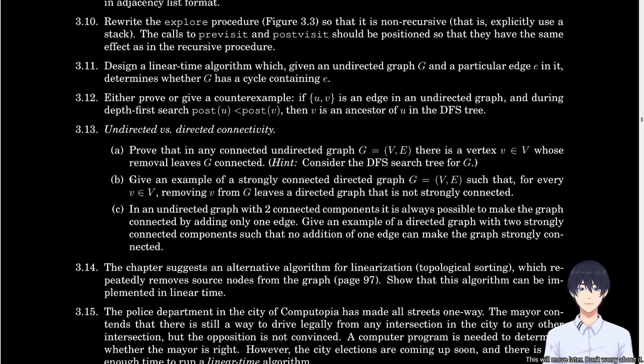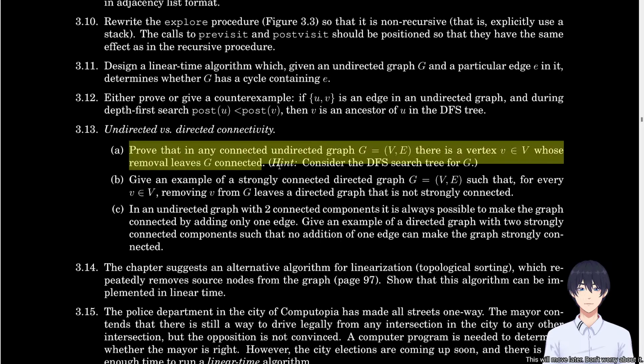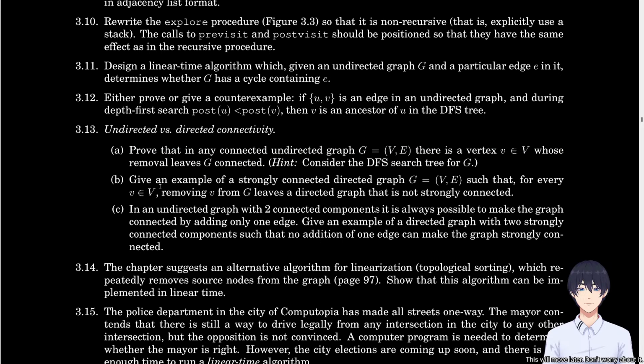I gotta read carefully. Give an example of a strongly connected directed graph such that for every V, removing V from G leaves a directed graph that is not strongly connected. Okay. I believe this. I don't feel like proving it.